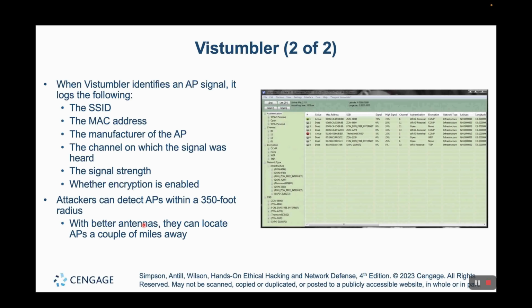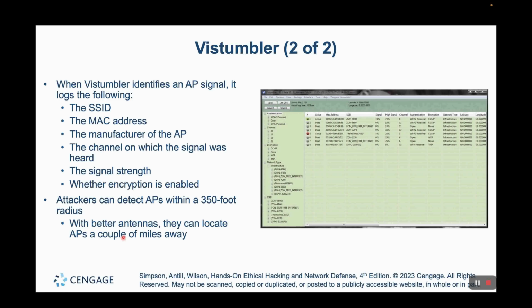Now, the range of detection is influenced by the type and the quality of antennas, by the way. The default ones that come standard are omnidirectional antennas that radiate signals in all directions. They're good for general purpose detection, but they're limited in range. Now, the other one is called high gain antennas.